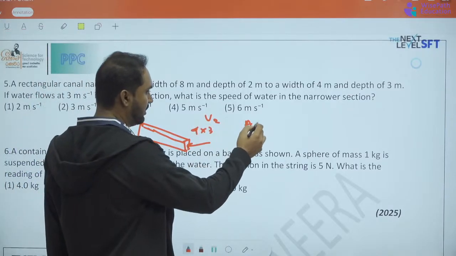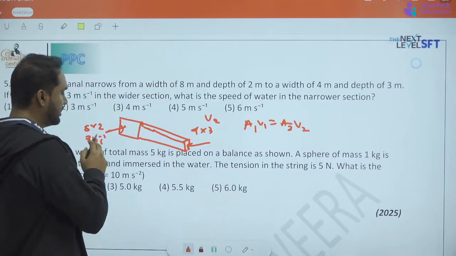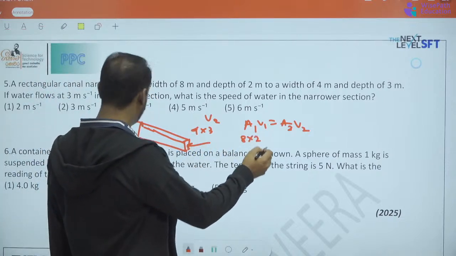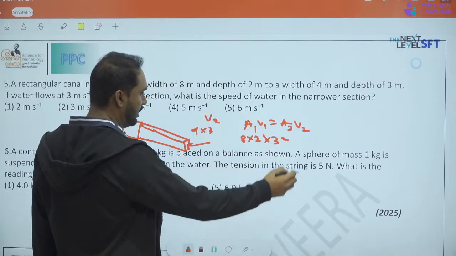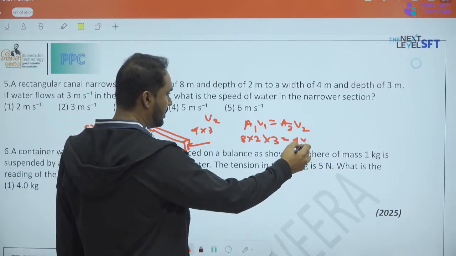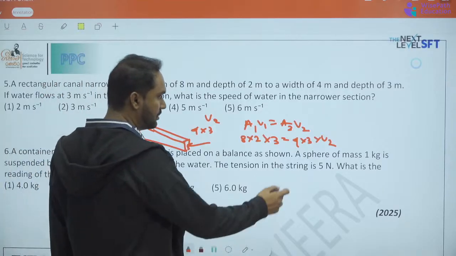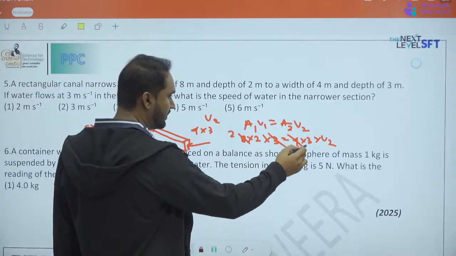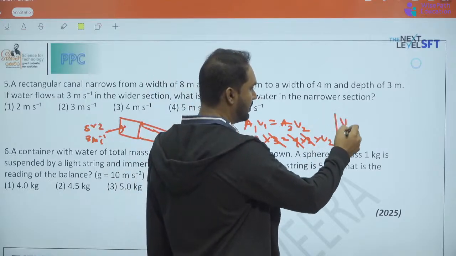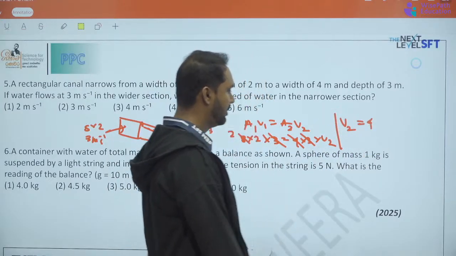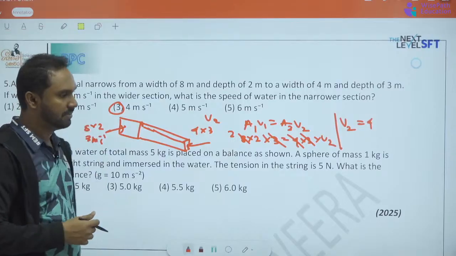The formula is A1 V1 equals A2 V2, the continuity equation. So 8 into 2 times 3 equals 4 into 3 times v2. Cancelling out, v2 equals 4. So it's 4 m/s.